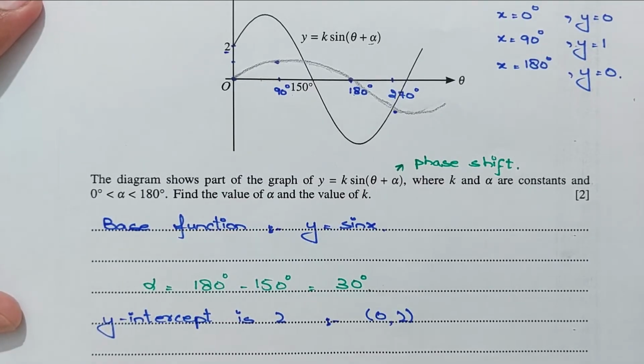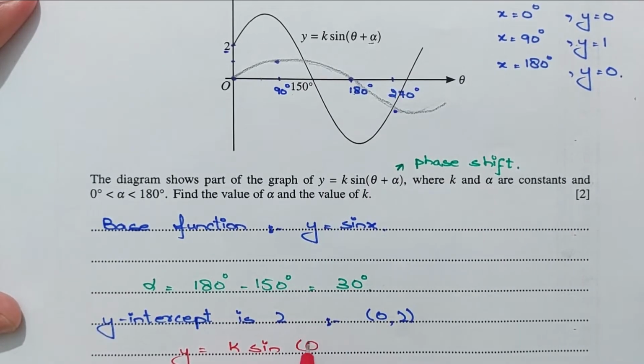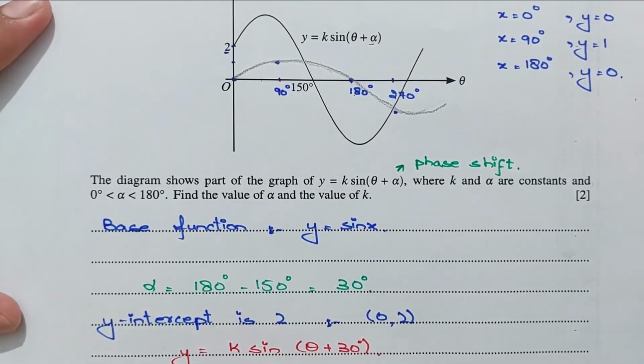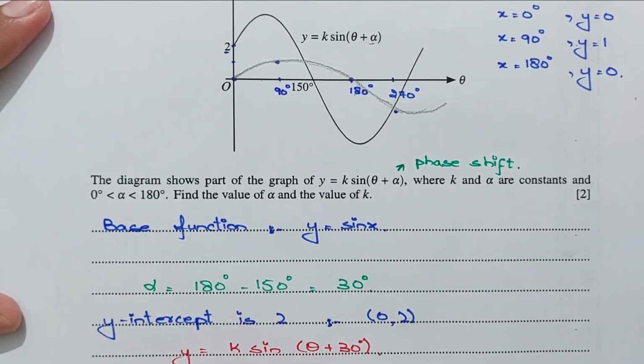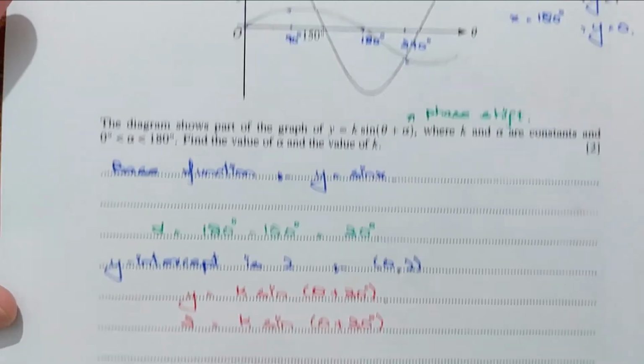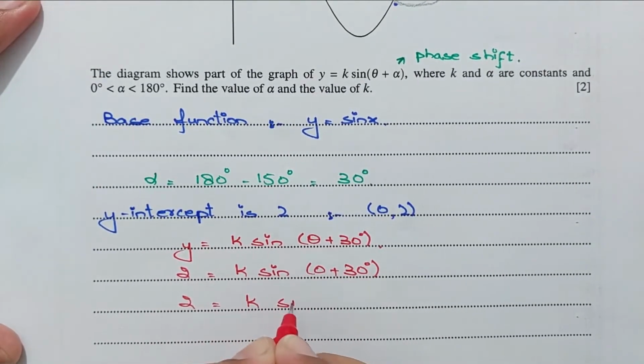So plug this into the equation y equals k sine of theta plus alpha, where alpha is 30 degrees. Now theta is 0 and y is 2, so 2 equals k sine of 0 plus 30 degrees. So this is sine 30 basically, so 2 equals k times sine of 30.